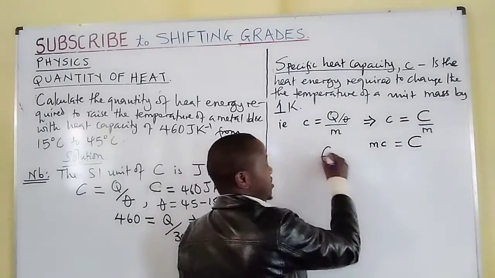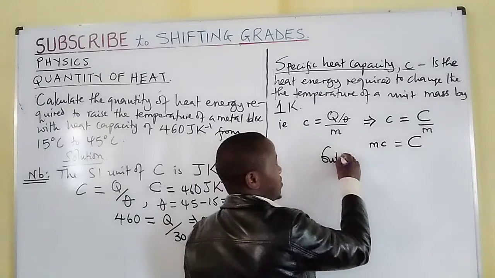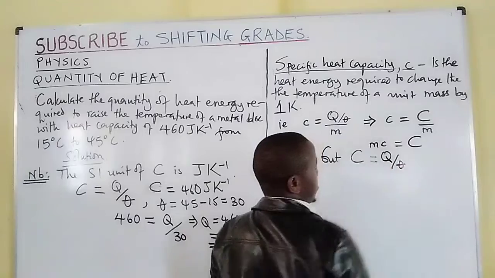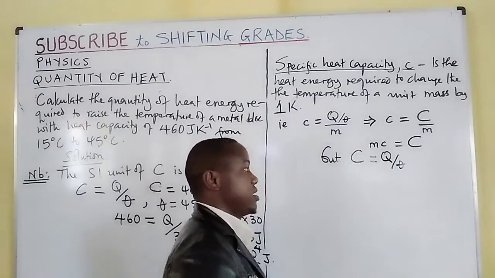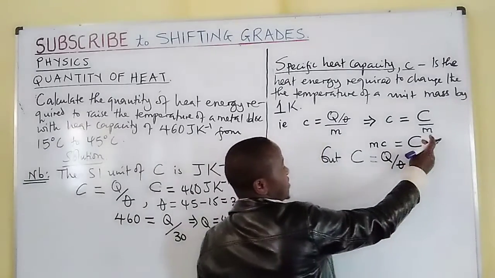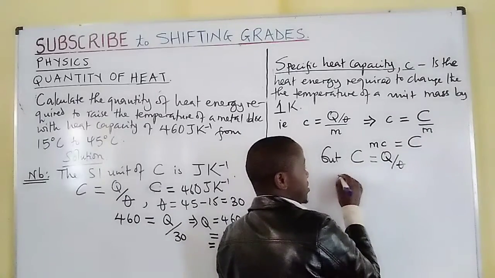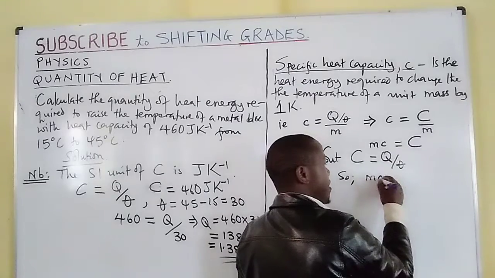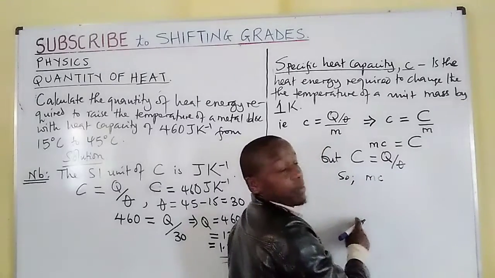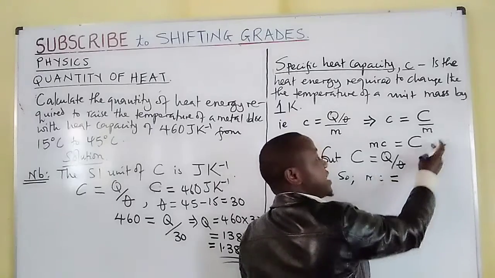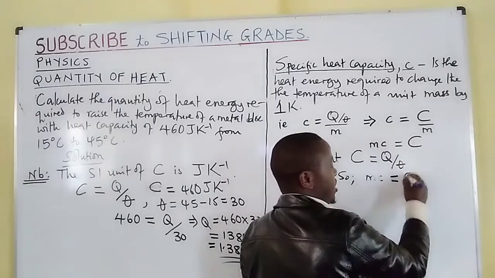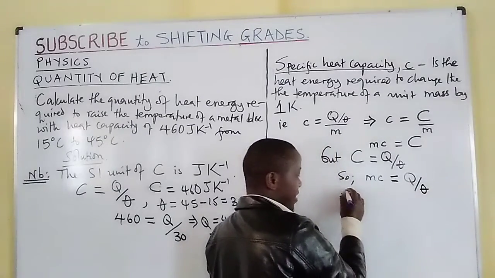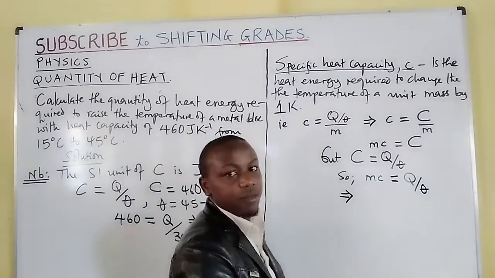And we know that heat capacity is equal to the energy required over change in temperature. Therefore, mass times specific heat capacity will be equal to Q over the change in temperature.